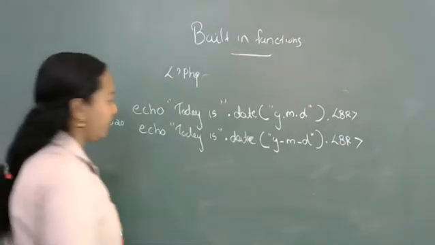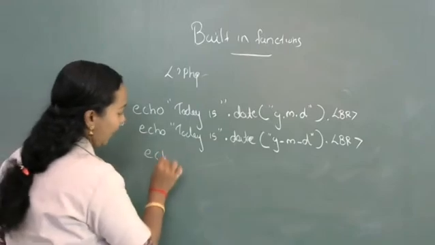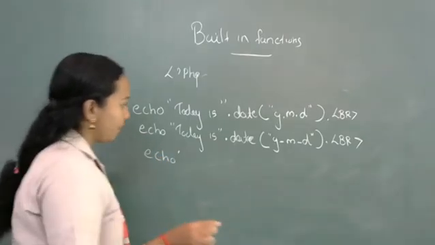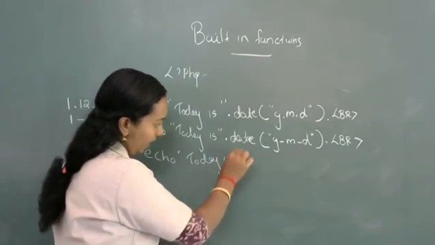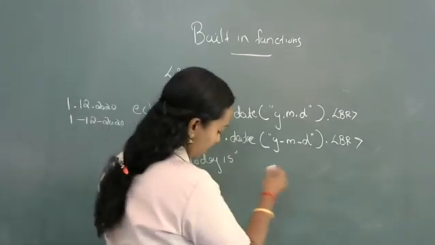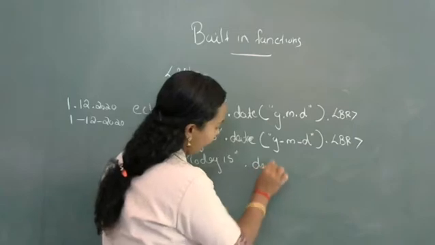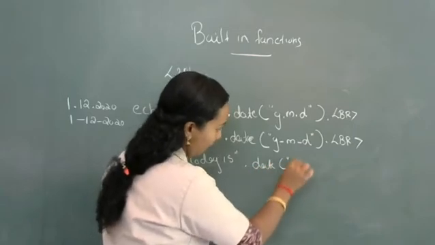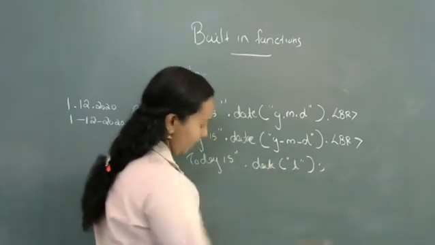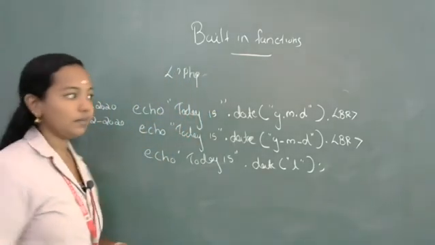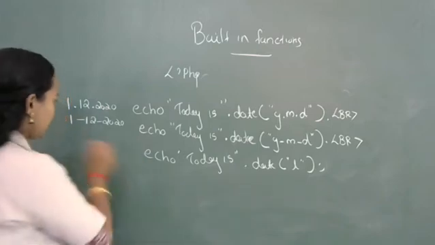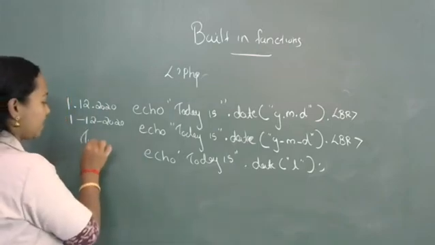Then next, again I want to print the name of the day. So how will we write? Echo "today is", dot, date of L, semicolon. Then what will happen? Today is Tuesday.